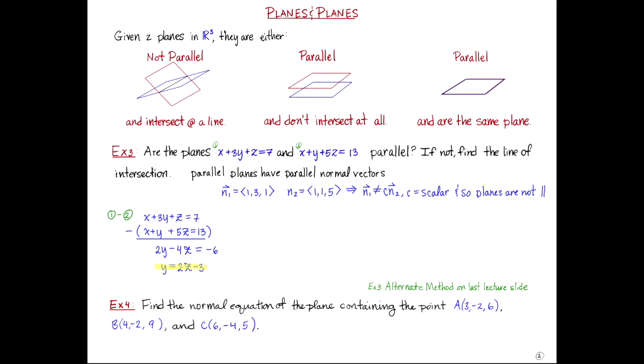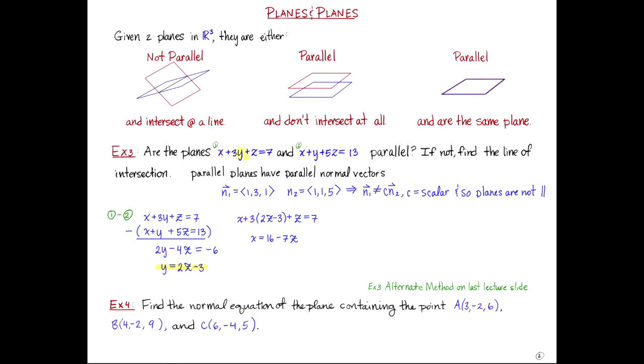Let's sub this equation into our first equation of the plane in place of y, giving us x plus 3 times 2z minus 3 plus z equal to 7. Distributing the 3 and solving for x, we have that x is equal to 16 minus 7z.